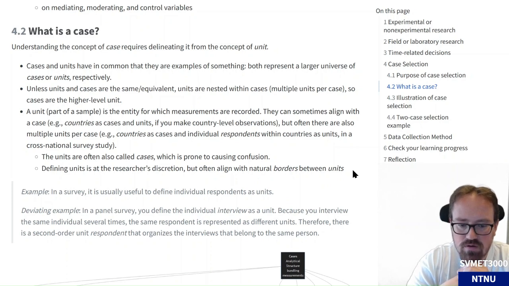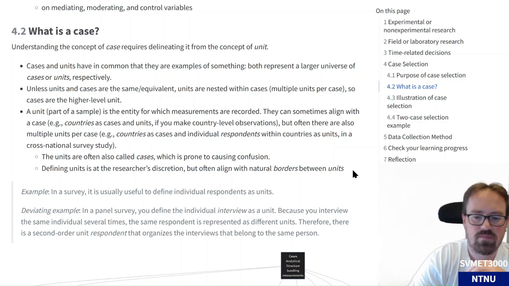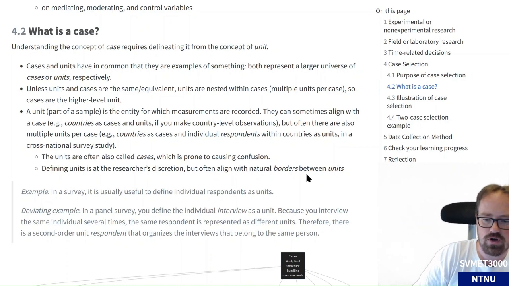So the respondent is a superordinate unit, because we can also assign measurements to that respondent at the respondent level, and it can at the same time be a case, because it's an analytical structure.